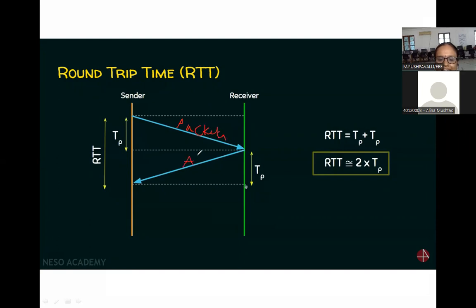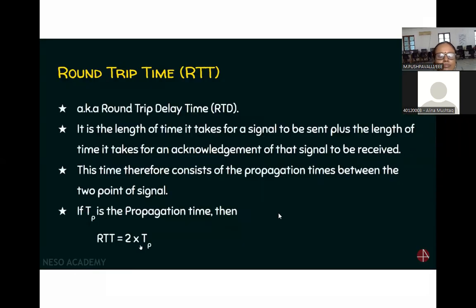So this is what they call round trip time, RTT. Are you clear? The data signal is transmitted, and from my packet being transmitted till I get my acknowledgement, this is called RTT, round trip time.